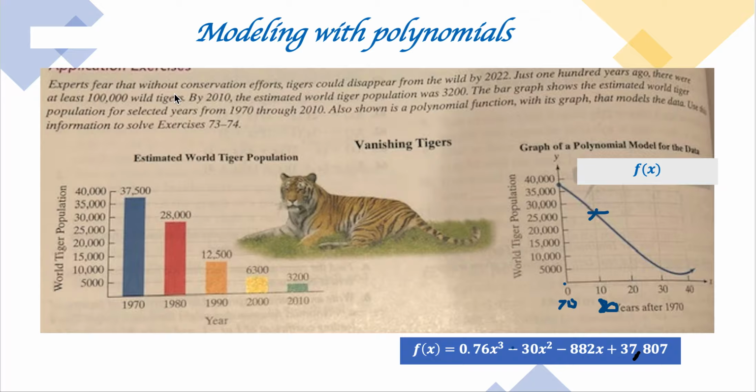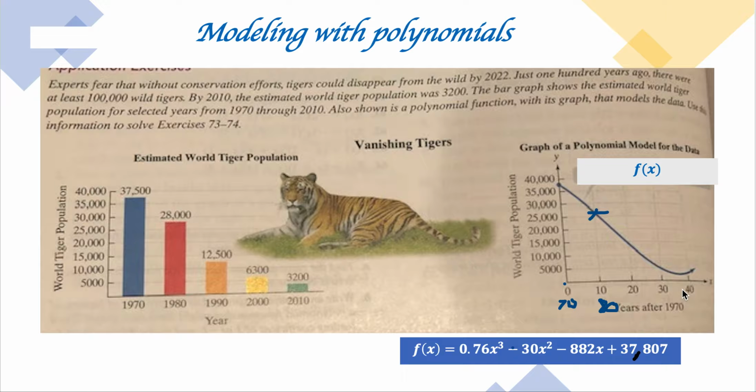Also shown is a polynomial function on the right side, with a graph that models the data. Use the information to solve the exercise. This is the graph estimated from 1970 to 2010, and it signifies the decrease of the population of the tigers from 1970 to 2010.